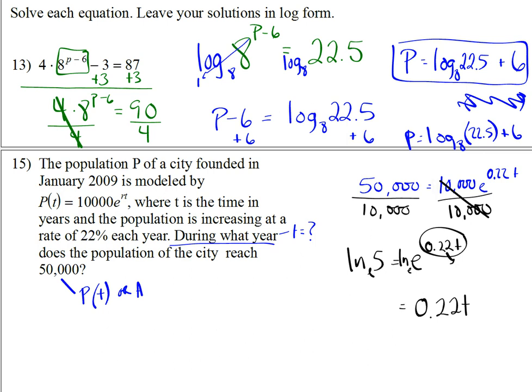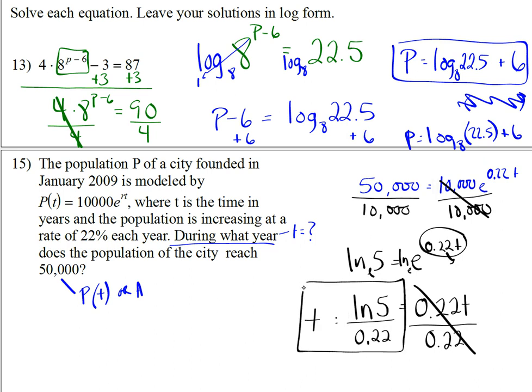Okay, any log, same base, same argument, equals 1. And then we have the natural log of 5 over here. I'm going to leave the e off because we don't need it there. Alright. Divide by the 0.22, and you get that t is just equal to the natural log of 5 divided by that rate, 0.22.